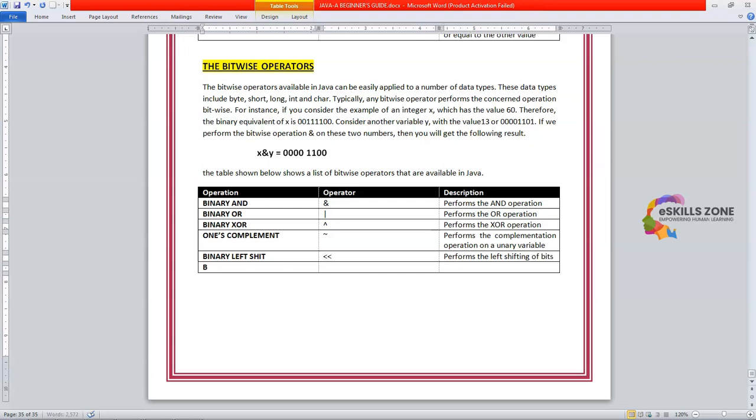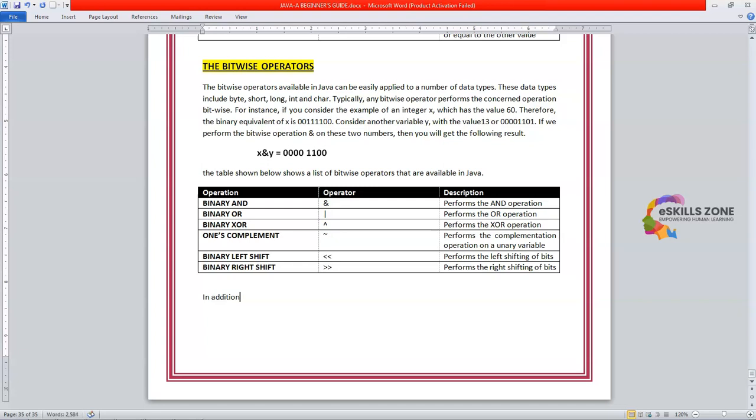Next one is binary right shift, and it is represented as double greater than symbol, and it performs the right shifting of bits.